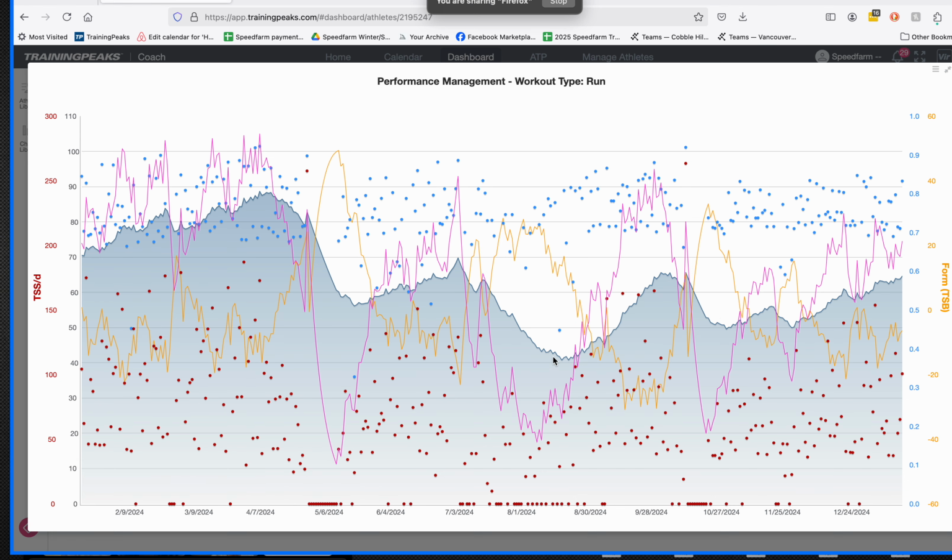So in Martin's case, you can see here he dropped below zero on the 28th of August, and stayed there for 6 weeks, basically.